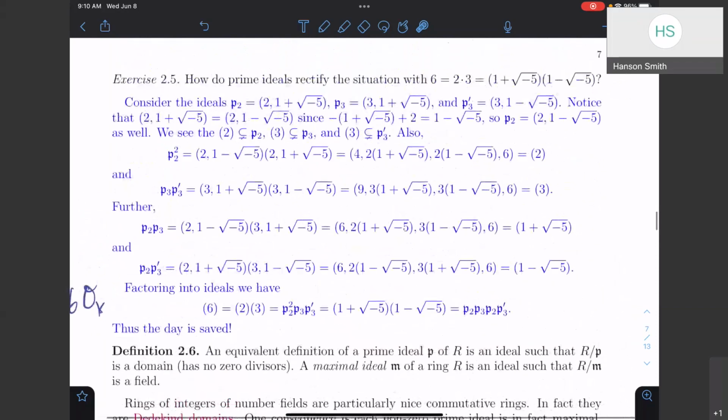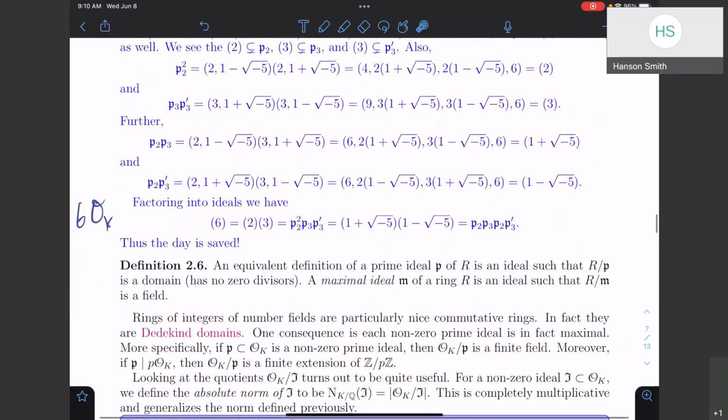Okay, now I should say here, I think we maybe mentioned this in some of the questions. How do we know we're done? How do we know we factored it into primes? Maybe I just factored it into ideals and it keeps going, and there's some weird ideals with 12 generators I didn't cook up.